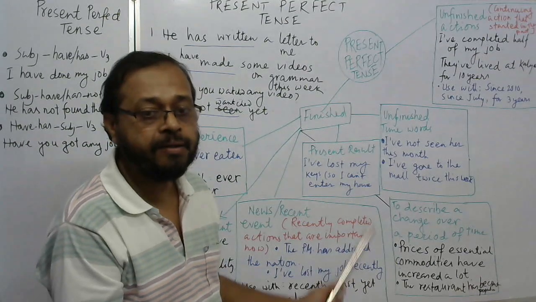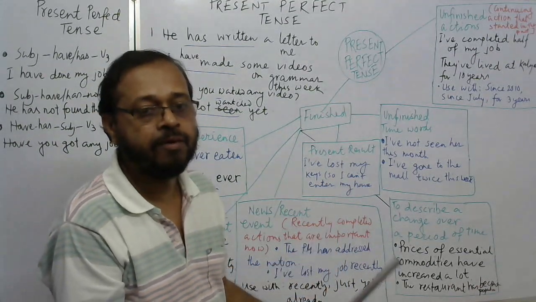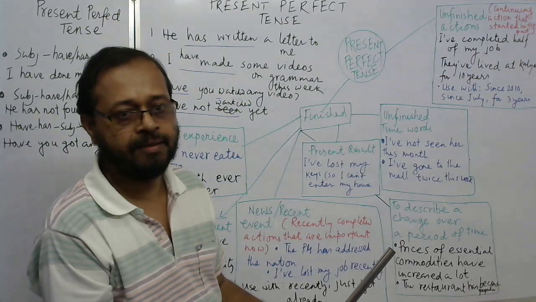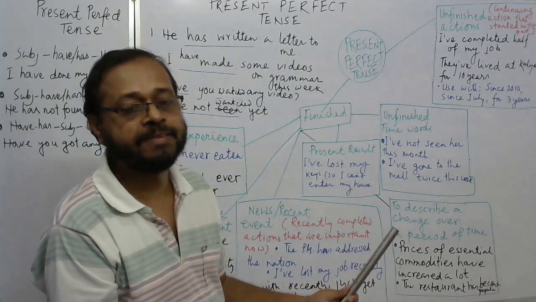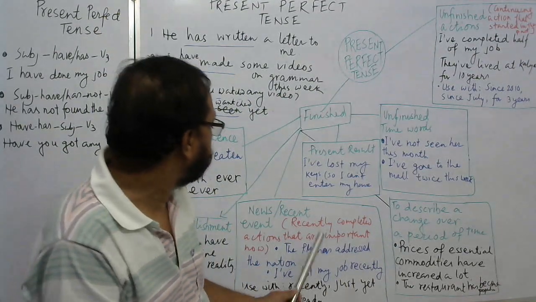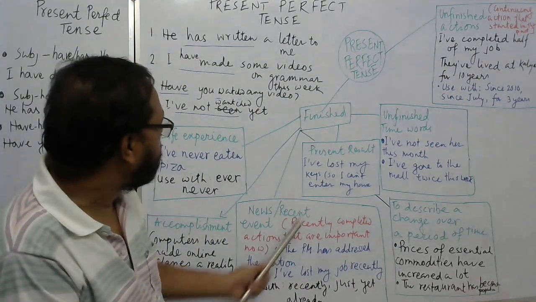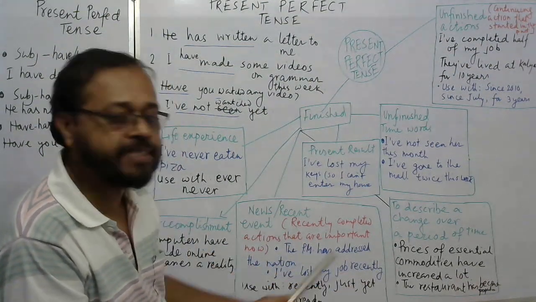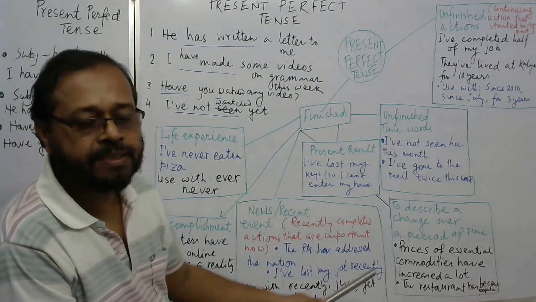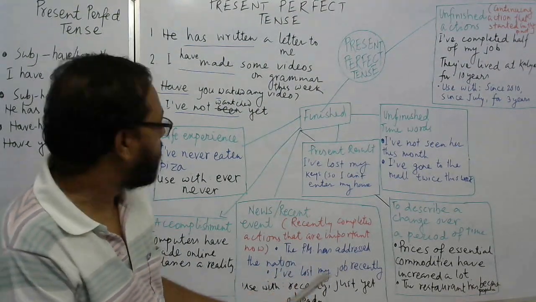Amphan has devastated West Bengal recently. So its importance is still there, its consequences are still there, and these are used with recently, just, yet, already. These words are used in this type of sentences.